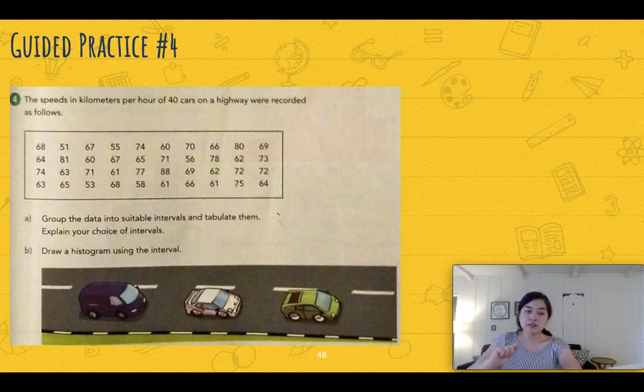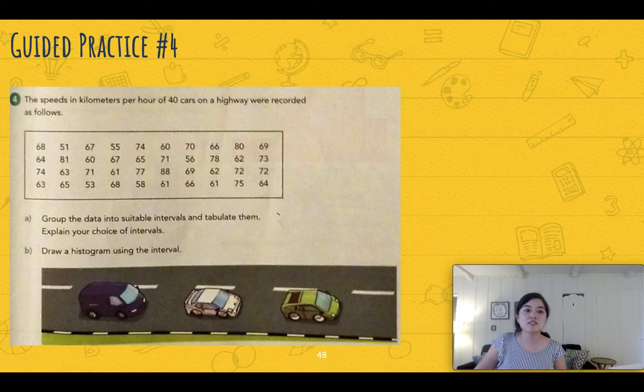I was going through it, but I just felt like it wasn't relevant to what you know as kids in terms of cholesterol levels, and so that's why I really wanted us to do guided practice number 4, because you've been in cars before and you know what it means for a car to be speeding and not speeding, or driving the correct speed on a highway or on the road, right?